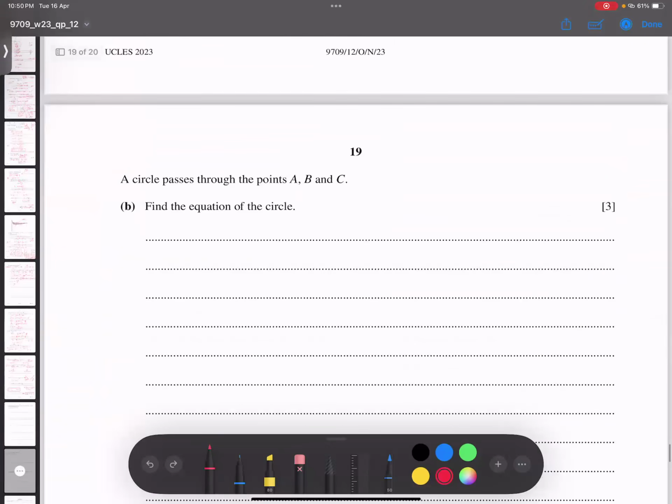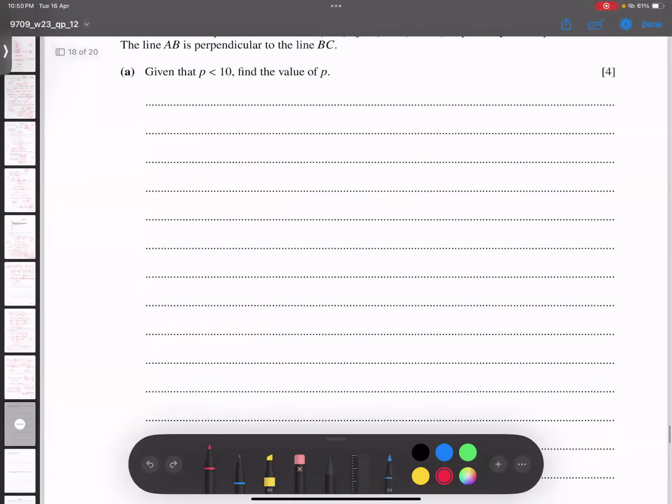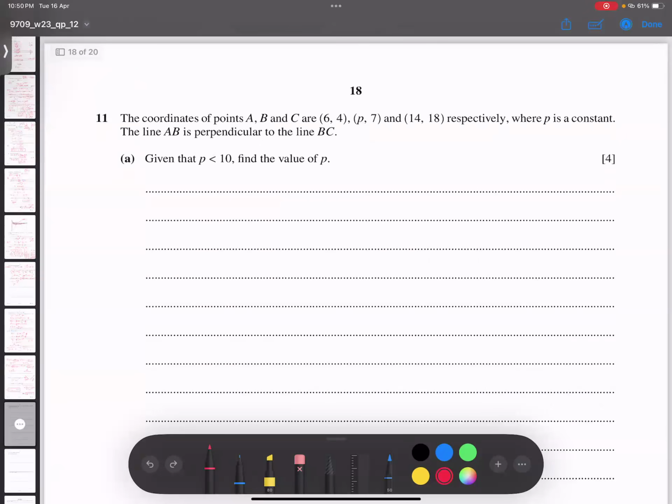Let's see the other part, C too. So 6, 4: I'm doing a rough sketch, but with positive values. Where's 6, 4? Approximately 1, 2, 3, 4, 5, 6 and 4, so somewhere here. Where is C? It is 14, 18, so 14 and 18 somewhere up.